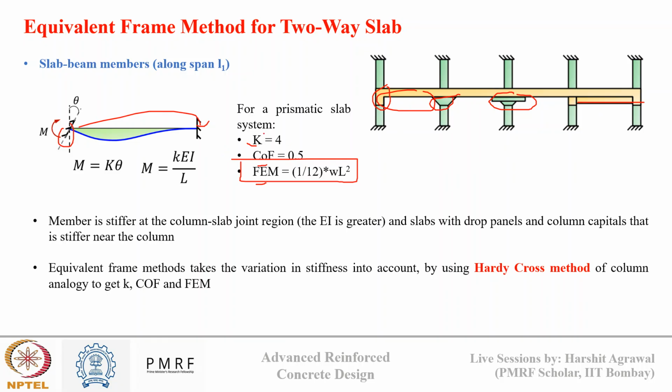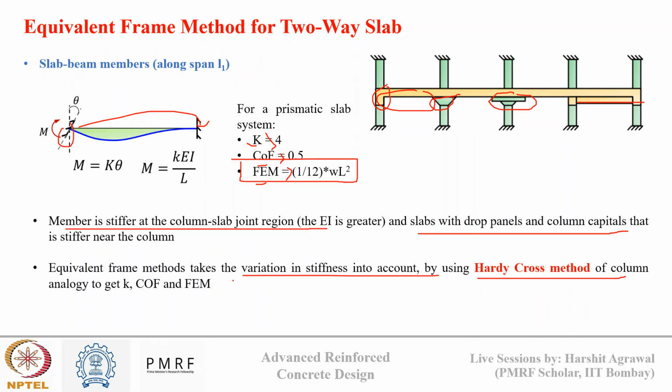So all my values will be greater than these because members are stiffer at beam-column and column-slab joints, and slabs with drop panel and column capital also have a stiffness greater than the simple prismatic beams, okay. So what the equivalent frame method does is help us take this variation in stiffness into account by using the Hardy Cross method, okay.